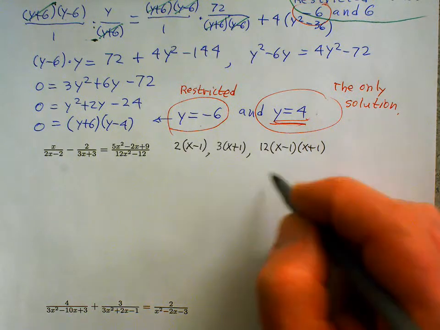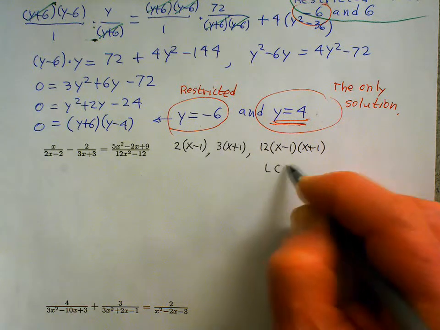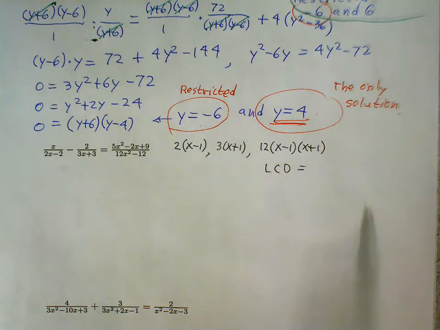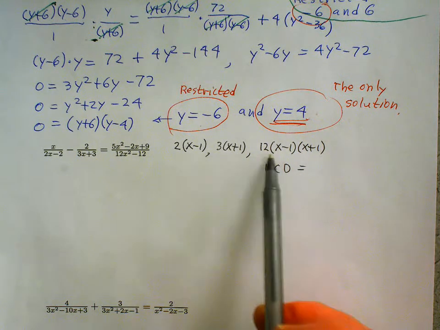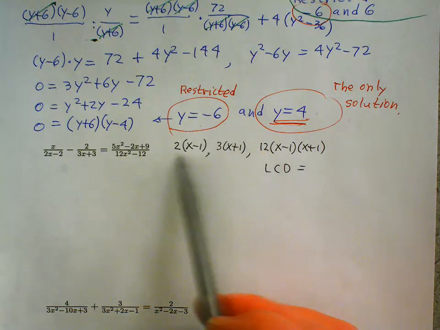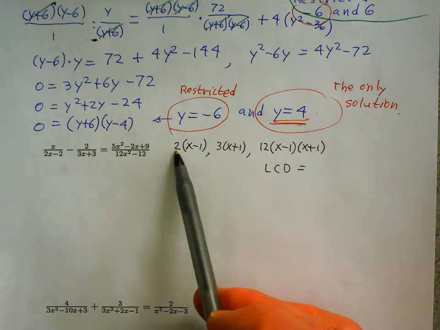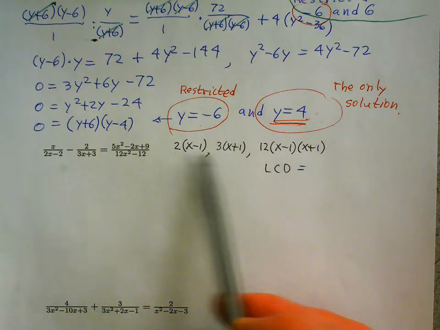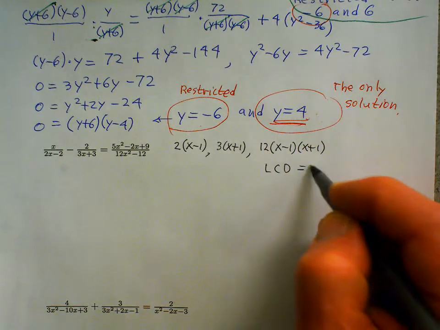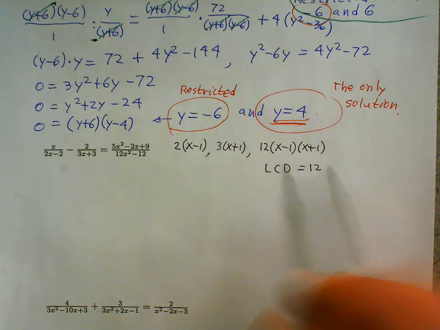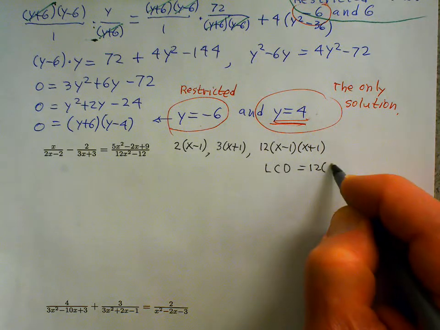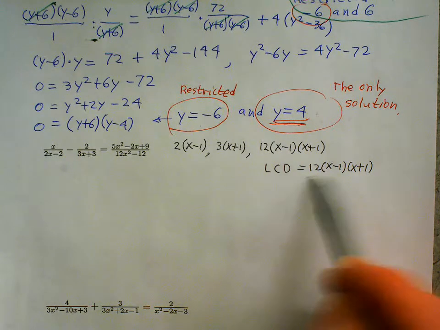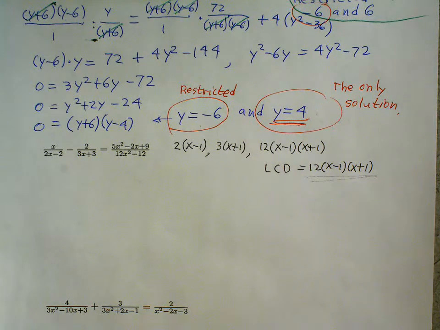So the least common denominator, well, if we compare the numerical factors 2, 3, and 12, the least common multiple of 2, 3, and 12 is 12. And then the binomial factors x minus 1 and x plus 1. So that is the least common denominator.